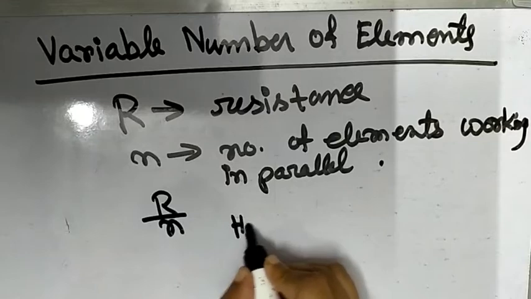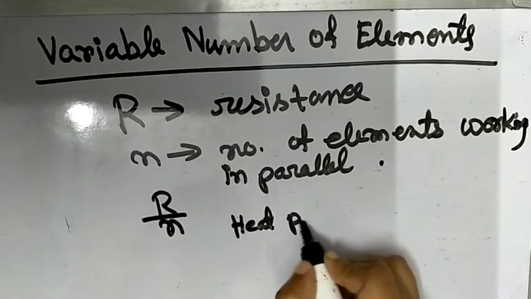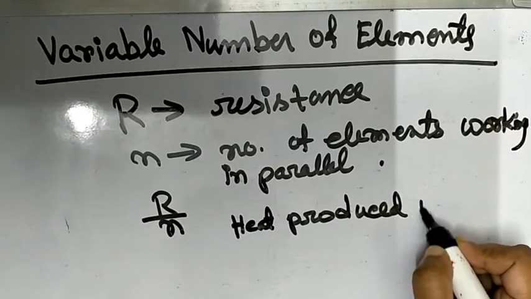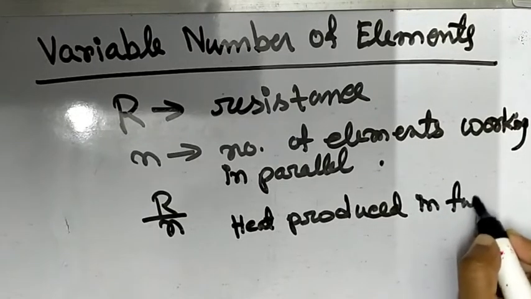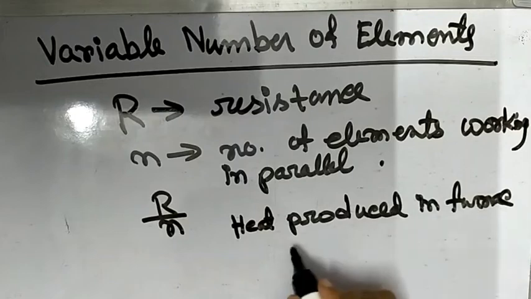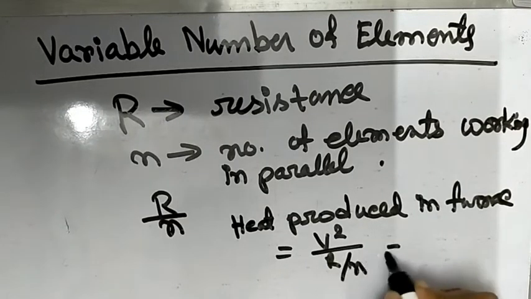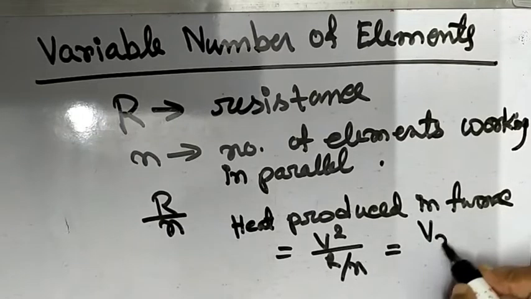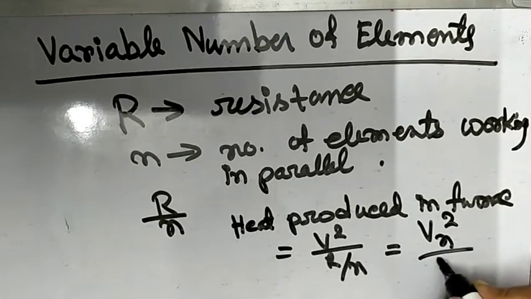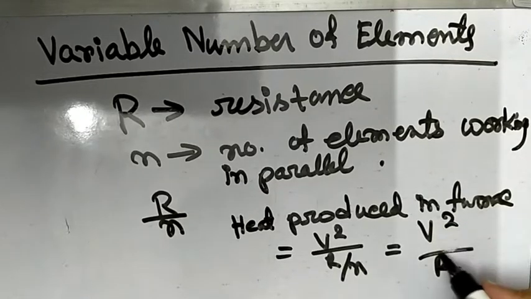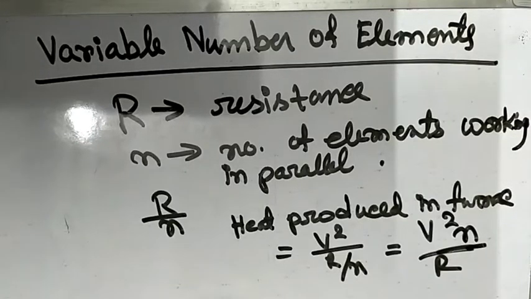So in this case, heat produced in furnace is equal to V square by (R by N), or we can write V square N by R. So I draw a diagram.